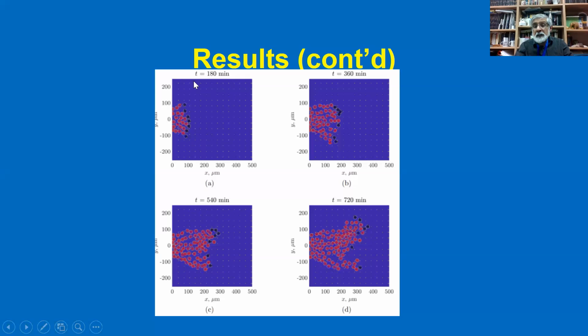Here, if they got to here, it would be zero flux, so we would just have them bounce back off. You can see that essentially there's no boundary effect as they move along here. We haven't actually carried this out till they reach the boundary, but we would have them just bounce back off the boundary.